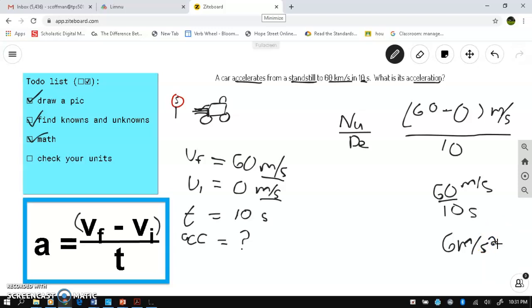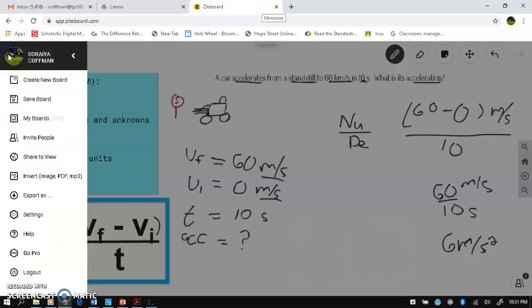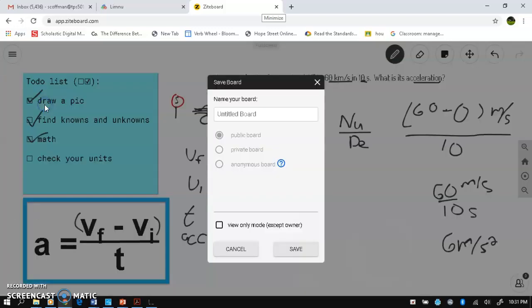All right. One thing I wanted to show you, and I had to go back and redo this: if you want to export it to me, you can basically save the board. I'll just name it acceleration, example 1.